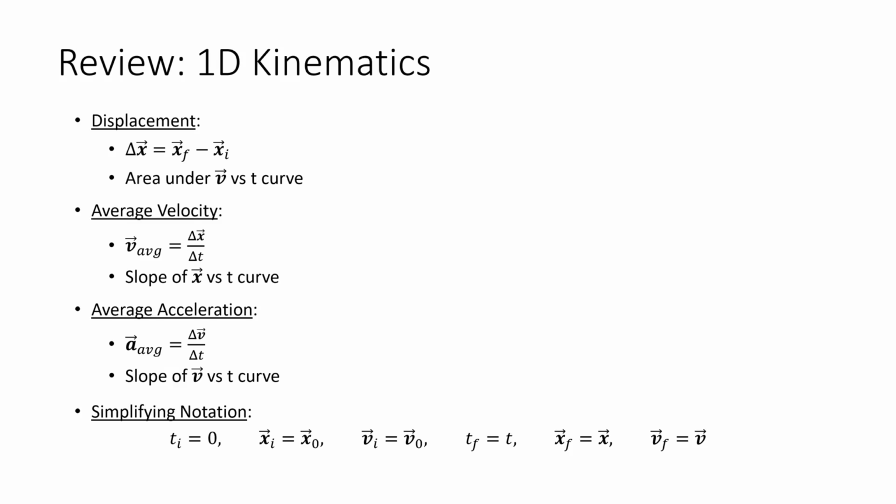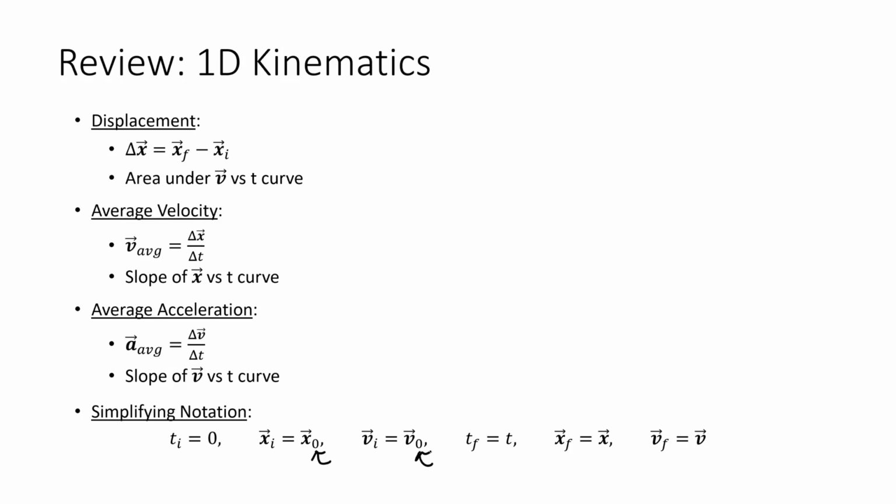Then we can use this shorthand notation of x naught and v naught. The naught just refers to these zeros here. So that means the position at time t equals 0 for x naught, or the velocity at time t equals 0 for v naught.